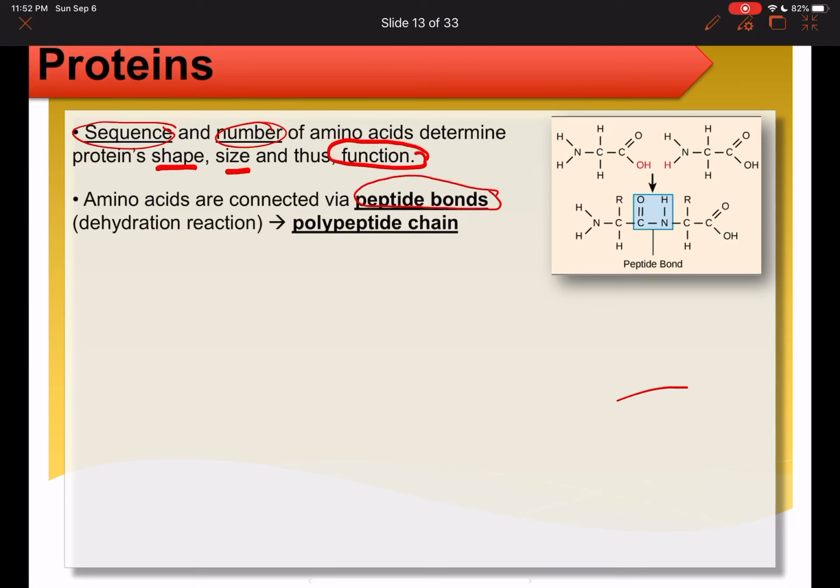Easy way to remember that is it starts with the same letter as proteins. So peptide bonds in proteins, glycosidic bonds in, for example, glycogen. So that's how you can easily remember the names of these bonds for different macromolecules.